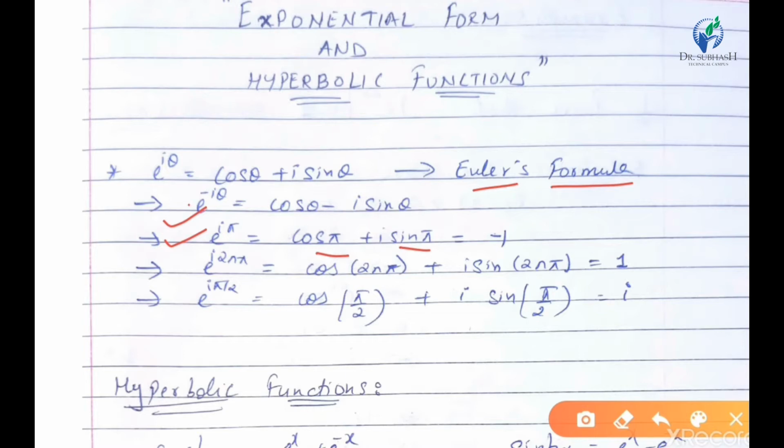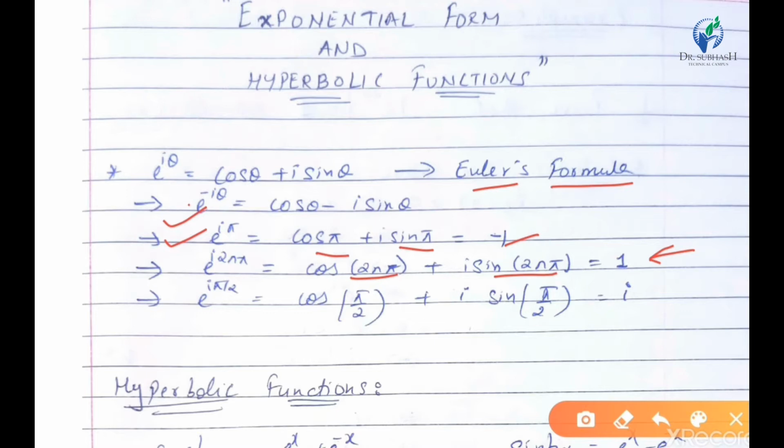So e raised to i pi is equal to minus 1. Next, e raised to i 2n pi can be written as cos 2n pi plus i sin 2n pi. Now sin 2n pi is always 0 and the value of cos 2n pi is 1. So e raised to i 2n pi is equal to 1.